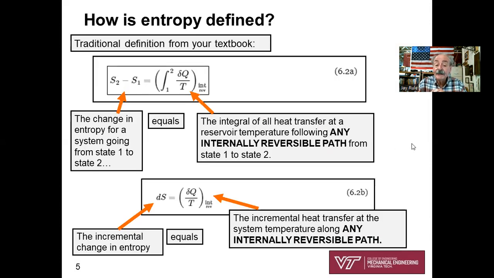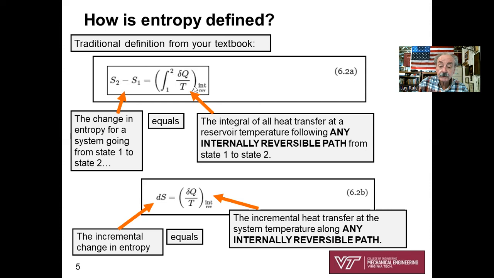And how do we define entropy? Well, don't worry, I'm not going to belabor this point, but in chapter 6, entropy change, S2 minus S1, is defined in terms of an integral for a process that involves heat transfer.